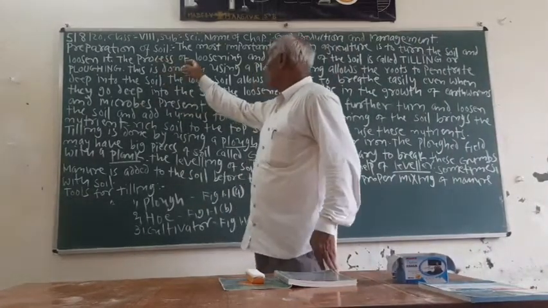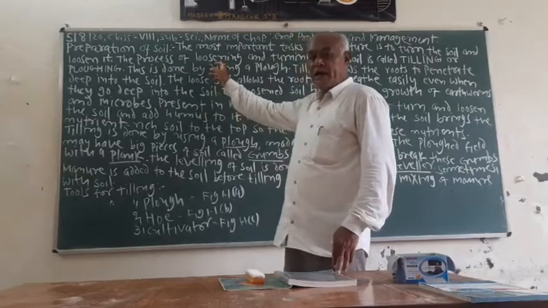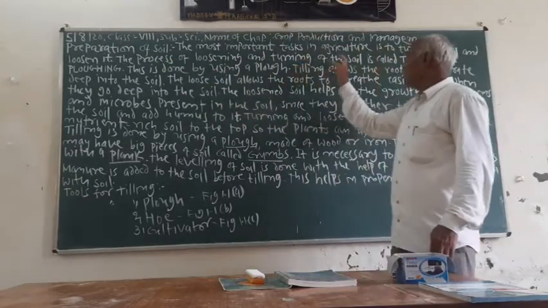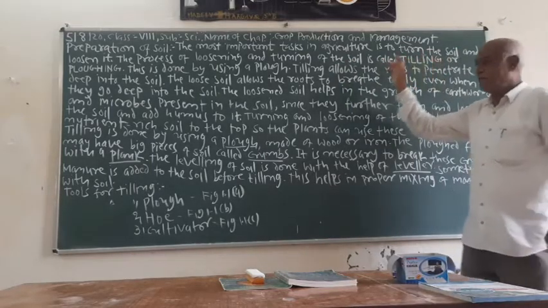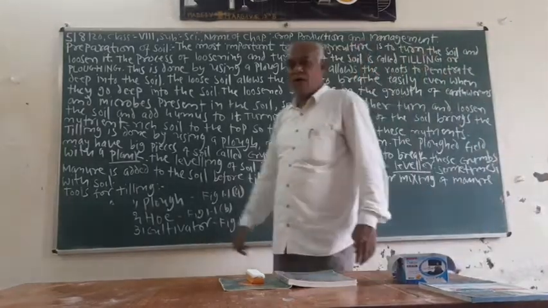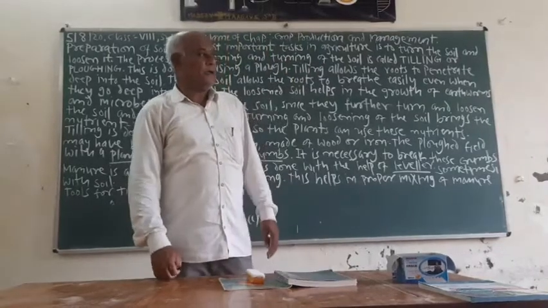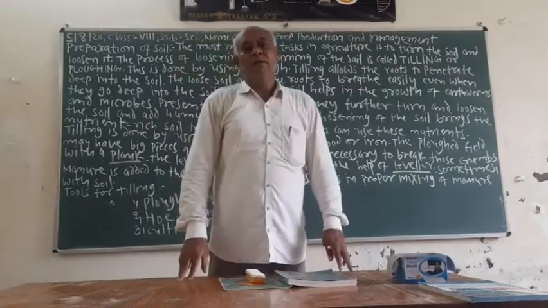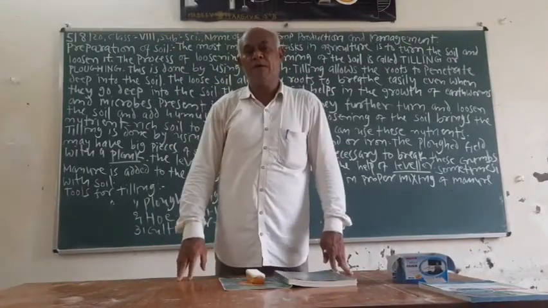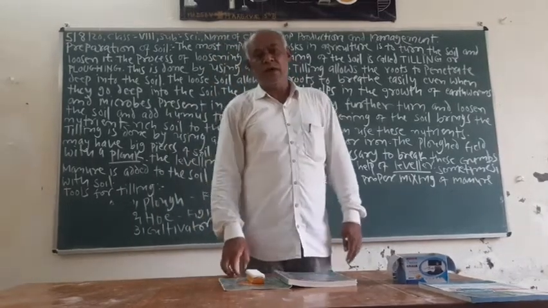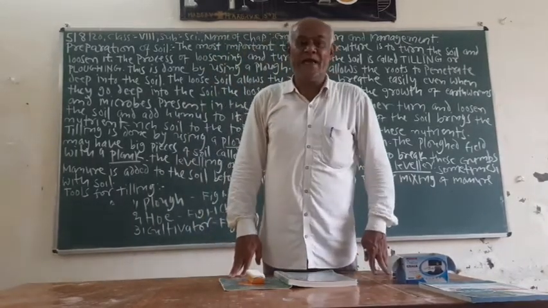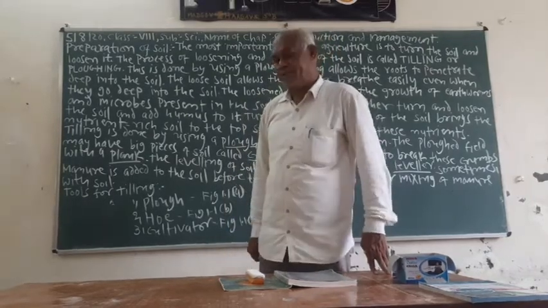The process of loosening and turning the soil is called tilling or plowing. So, what is tilling or plowing? The process of turning and loosening the soil is called tilling or plowing.